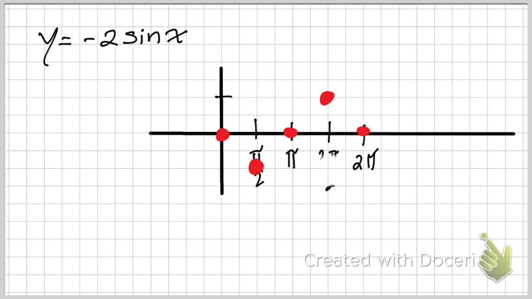So this point right there, I'm going to move it down 2, and I'm going to move the other one up 2, or stretch it up to the 2. So let's see what that looks like. I'm going to take this down to 1, 2.